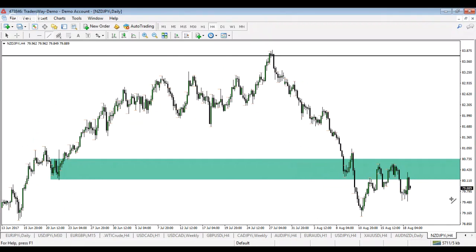We broke market structure with this 4 hour candle. This broke structure right here. So now price is activated to go bearish.